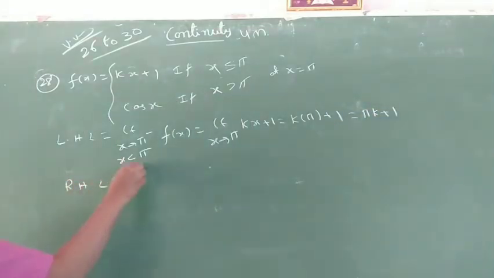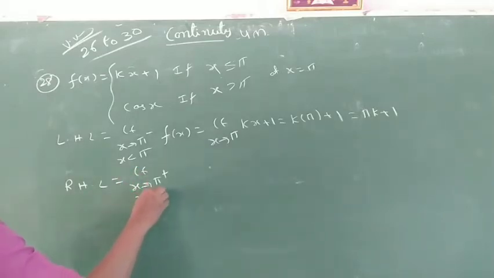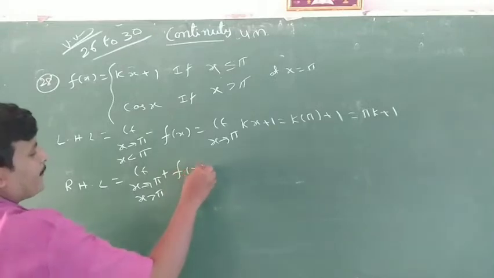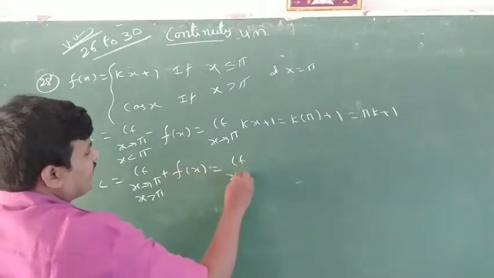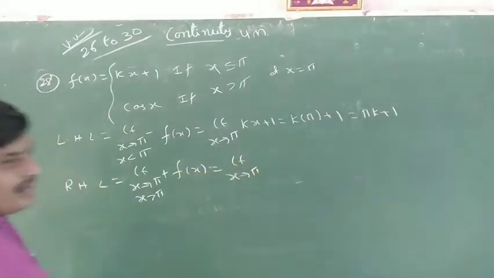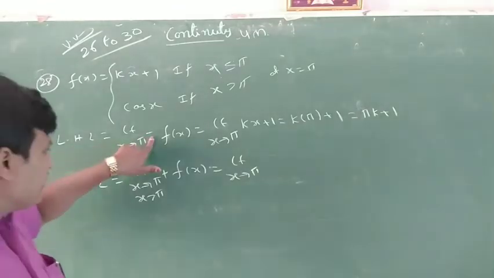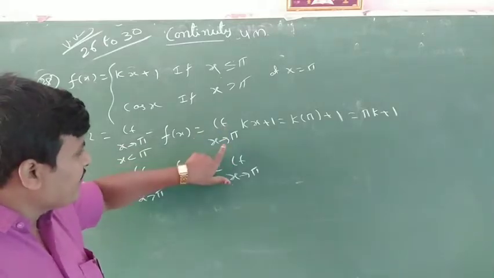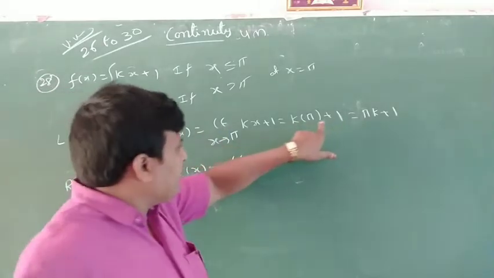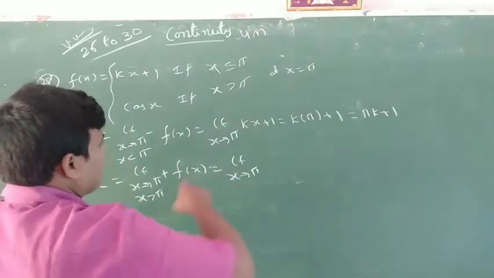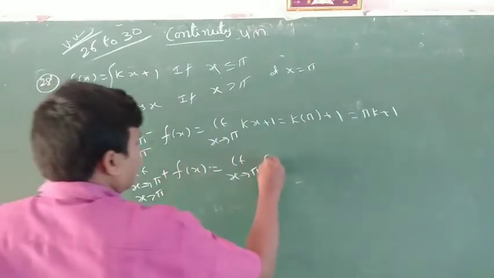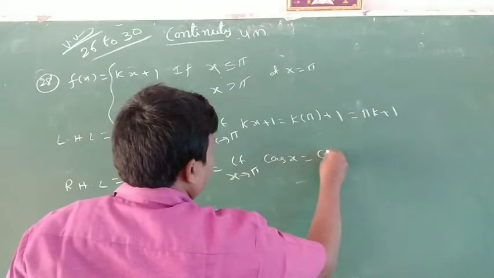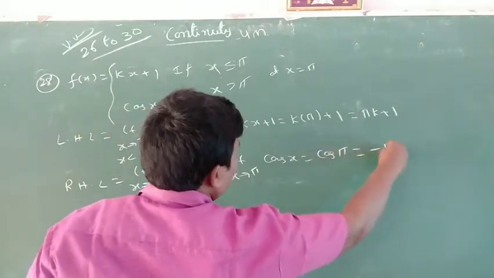RHL, limit x tends to pi plus means greater than pi. Limit x tends to pi. Here look at this. In x tends to pi minus and x tends to pi plus, finally the x value is pi. For x greater than pi, cos x, so cos pi is equal to minus 1.